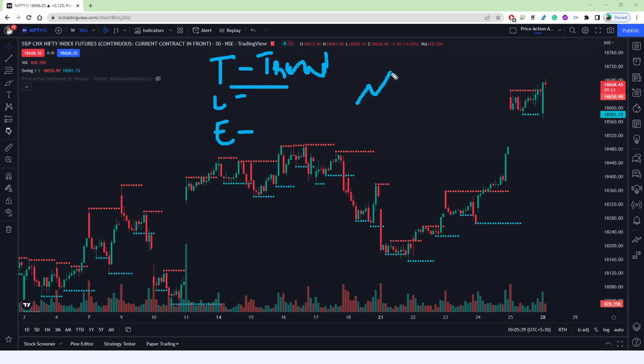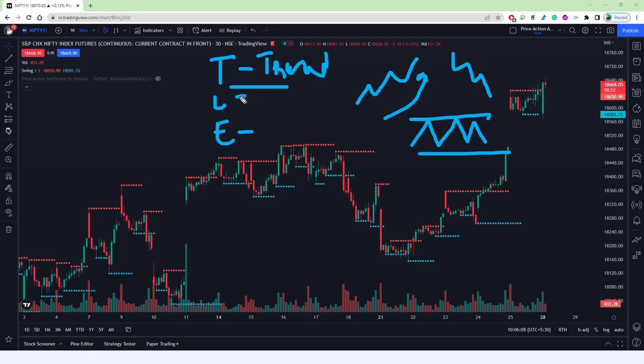If the market is making higher highs and higher lows, the basic price action method, we define it as an uptrend. If the market is making lower lows and lower highs, we define it as a downtrend. If the market is going nowhere and making a range kind of movement, we define it as a sideways market. Once we define the direction, we need to align with this particular trend.